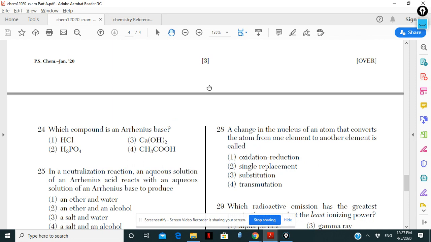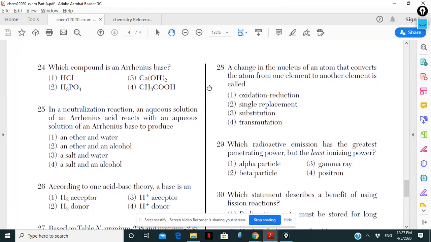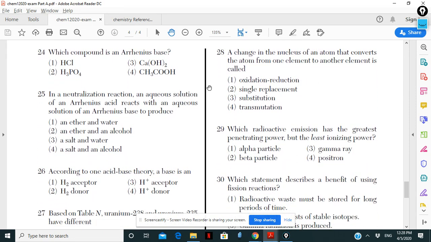Question number 28. A change in the nucleus of an atom that converts the atom from one element to another element is called oxidation-reduction? No, because we still have the same elements. You remember copper ion being reduced to copper element, and zinc element being oxidized to zinc ion.